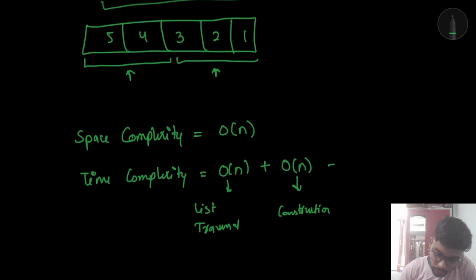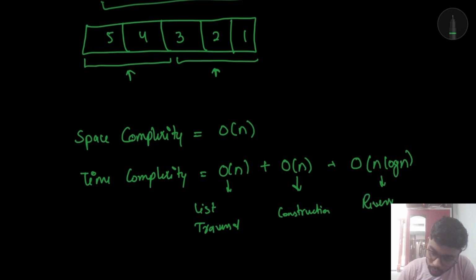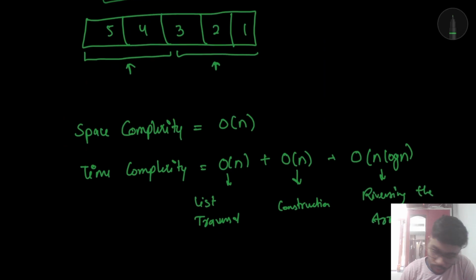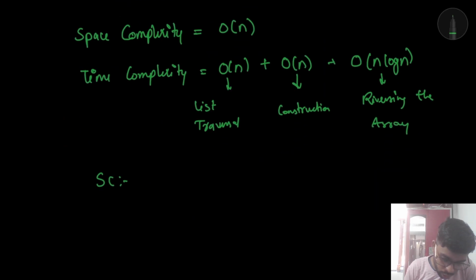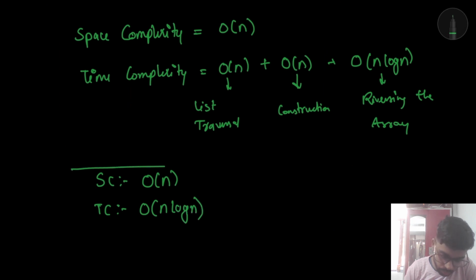And one thing I missed, order of log n for reversing the array. Right? So overall space complexity will be order of n and time complexity will be order of n log n in asymptotic terms, right?